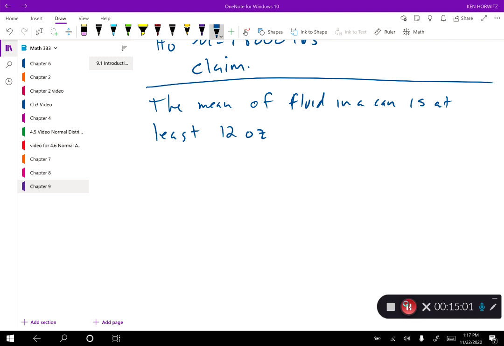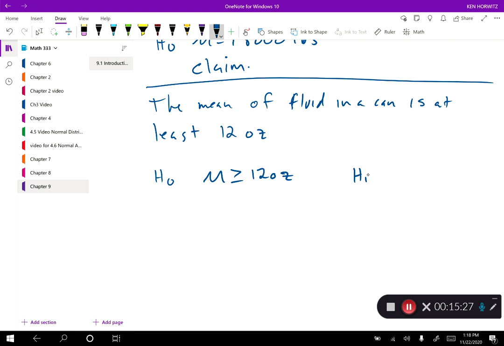So it says the mean fluid in a can is at least 12 ounces. So if it's at least 12 ounces, I'm going to make my H0 mu greater than or equal to 12. At least means the lowest it could be would be 12, but it could be greater. And since we have an equals as a part of it, I want to make that my null hypothesis.